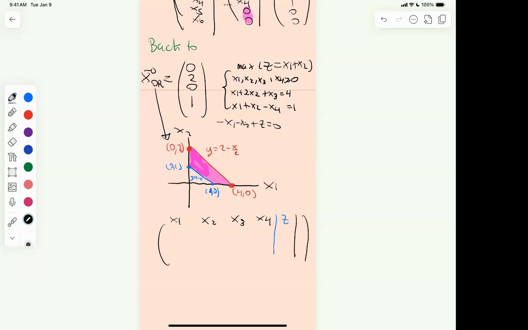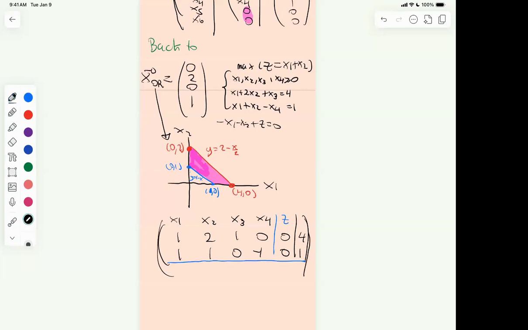So it's going to be 1, 2, 1, 0, 0, 4. And here I have 1, 1, 0, -1, 0, 1. And then let me put the horizontal line for the entries of the optimization function.